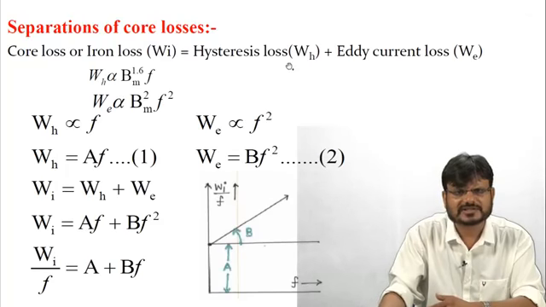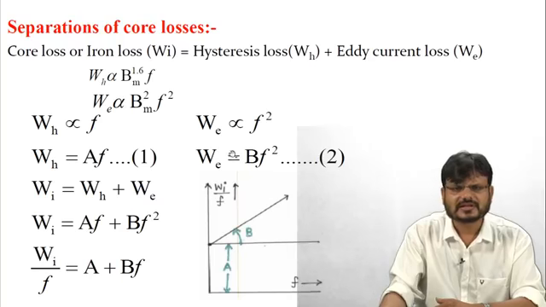So what is the iron loss? Iron loss is hysteresis loss plus eddy current loss. So Wi is equal to WH plus WE, where WH is AF and WE is BF squared. Taking F common, you can write Wi upon F equals A plus BF.